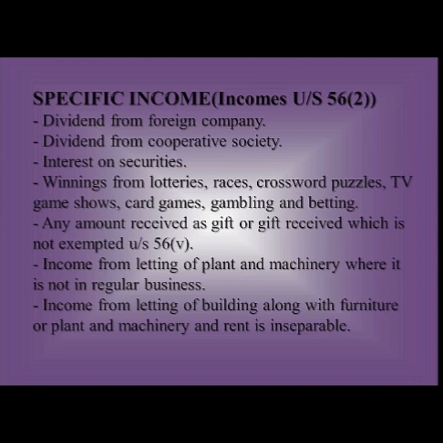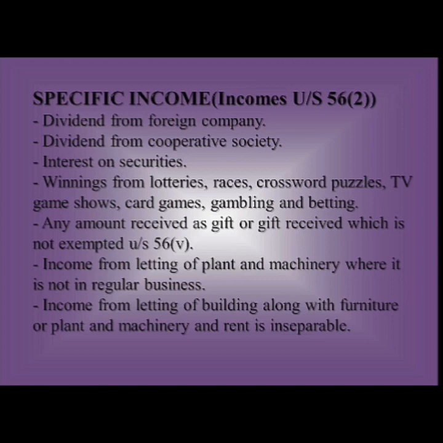Any amount received as a gift which is not exempted under section 56 subsection 5. Income from letting of plant and machinery where it is not a regular business. Income from letting of buildings along with furniture or plant and machinery where the rent is inseparable.